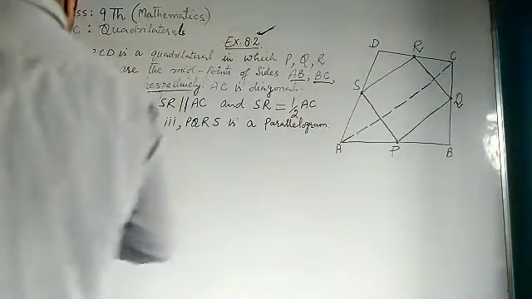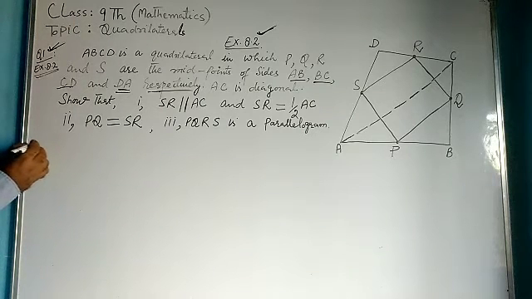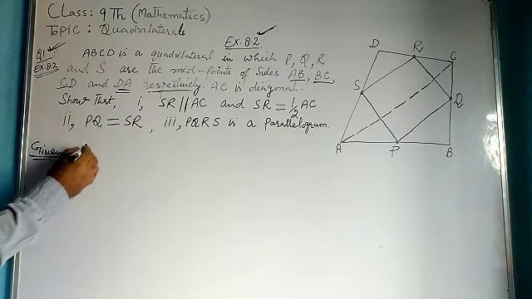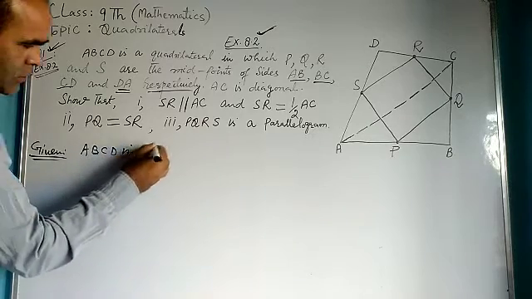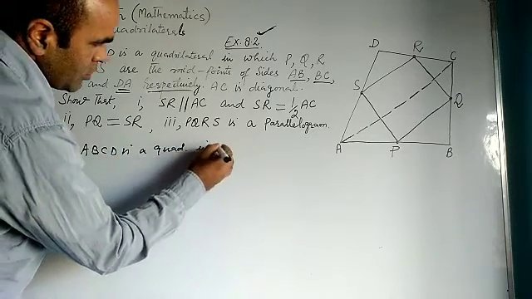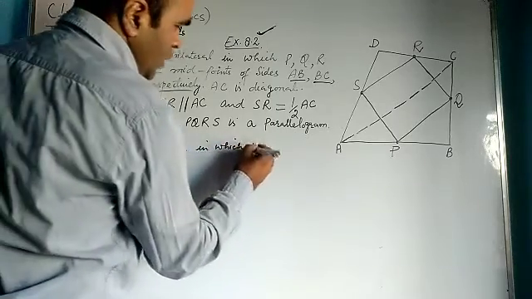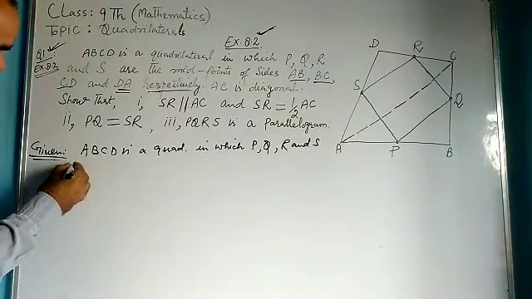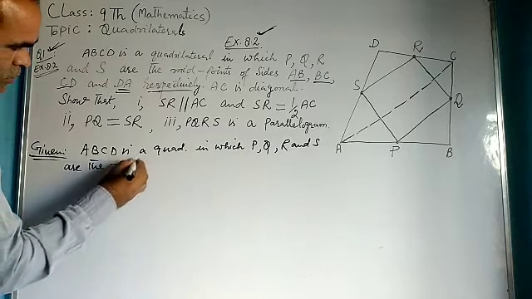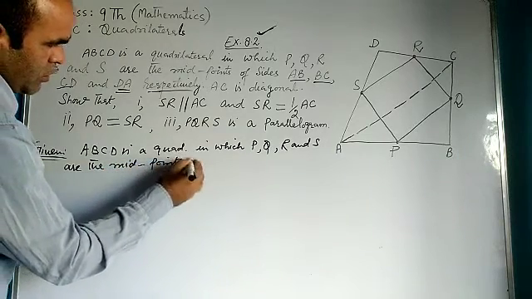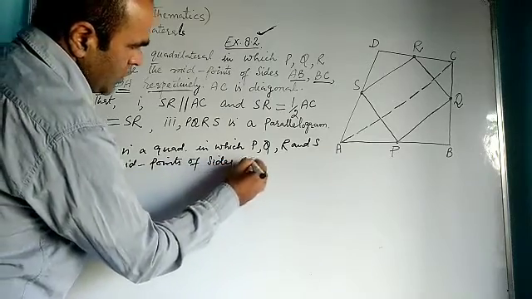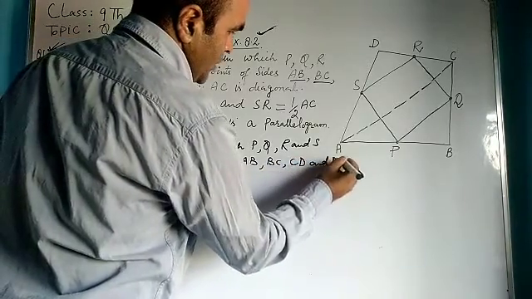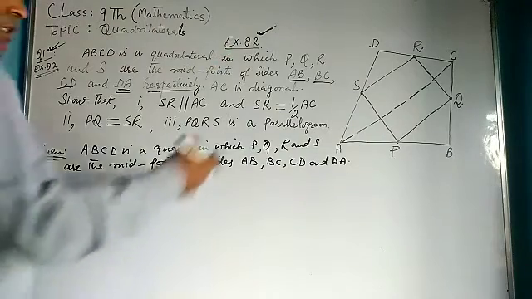So we know here, first we write given: ABCD is a quadrilateral in which P, Q, R and S are the midpoints of sides AB, BC, CD and DA respectively, and AC is one of its diagonals.